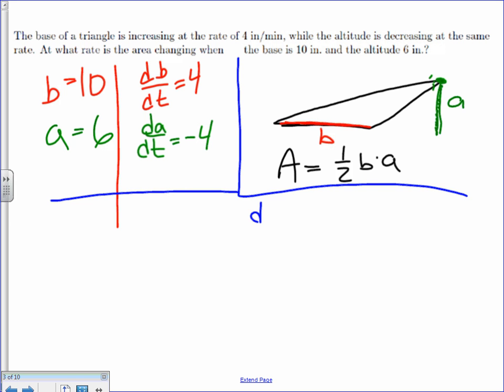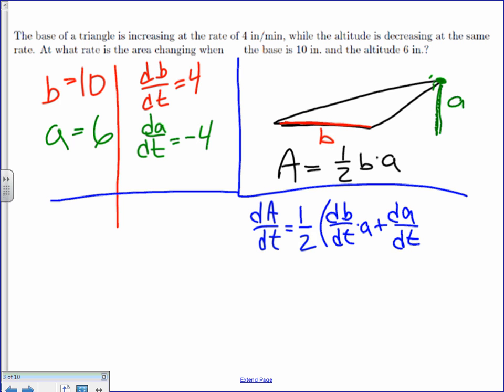So dA/dt, and now here's the important part that people tend to mess up. It's b times a. B and a are both functions of time. They're both changing over time. So I've got to do the product rule with these two things. So I'm going to get dB/dt times a plus dA/dt times b.